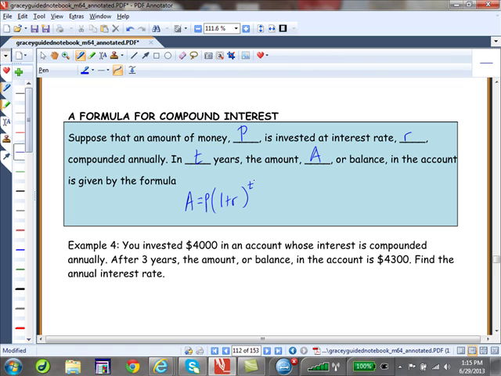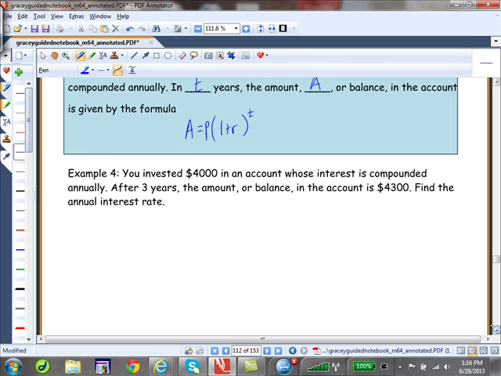So let's look at this problem. Since we've been focusing on quadratics, I want you to make an adjustment here. Instead of after 3 years, change this to after 2 years. Okay, 2 years. This one. So let's see what we have.